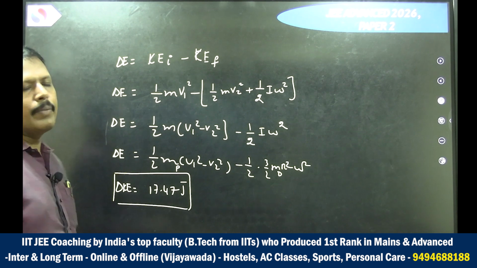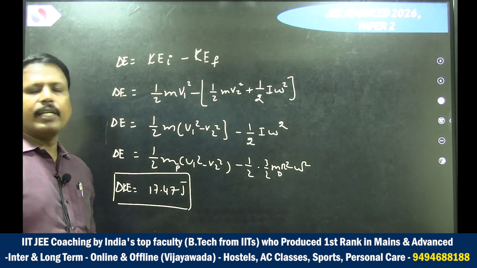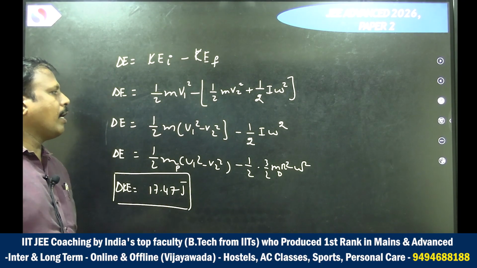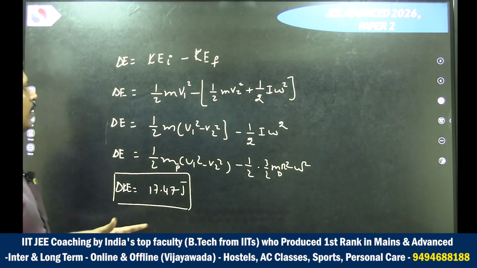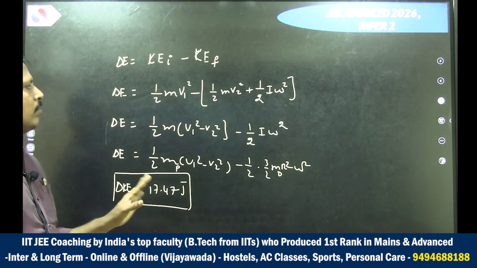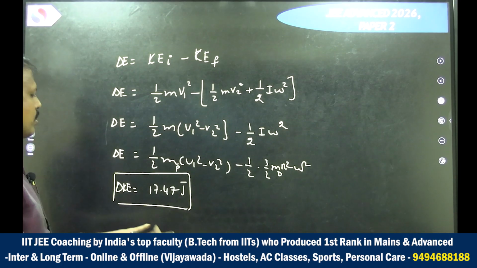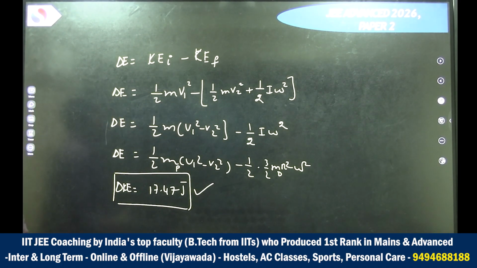So in problems number 17 and 18, what was done? For problem number 17, we have just applied conservation of angular momentum, then conservation of energy. And here there are no hidden topics, just the final energy and initial energy were subtracted to get the loss of energy in this particular condition. Okay, bye.